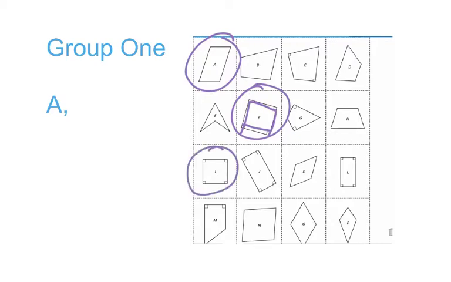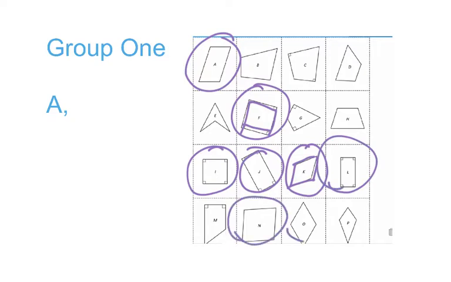I, J, K, top and bottom are parallel. Right side and left side are parallel. L is, N is, and O is. So if you look at this, these two sides are parallel, these two sides are parallel. Top and the bottom are parallel, left side and the right side are parallel.